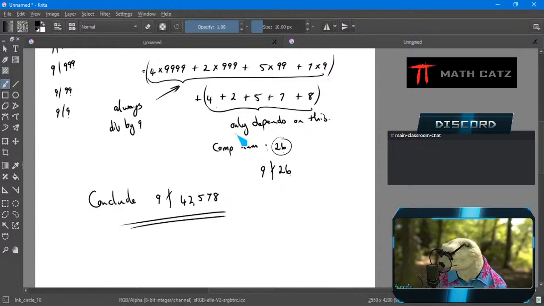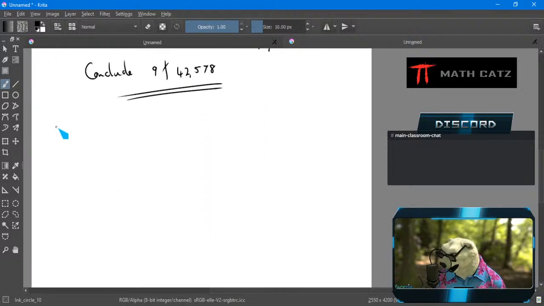So even though the test is the same kind, I'm looking at 9 in this case. So let's write that down. It's my divisibility test for 9.